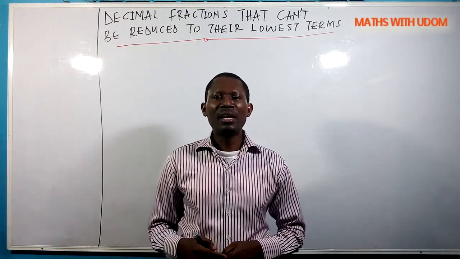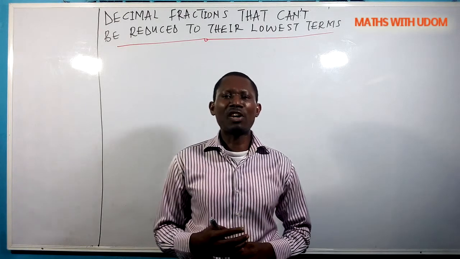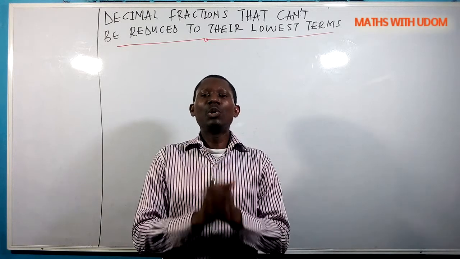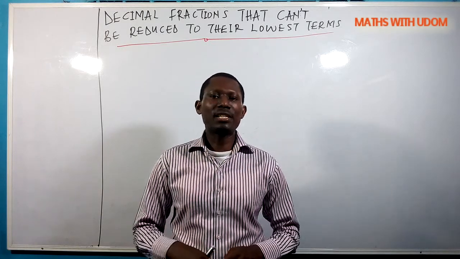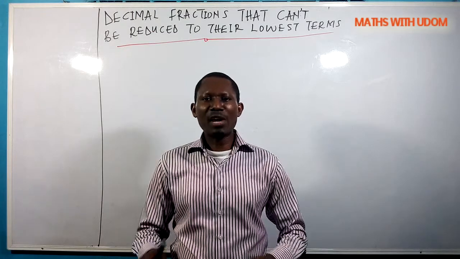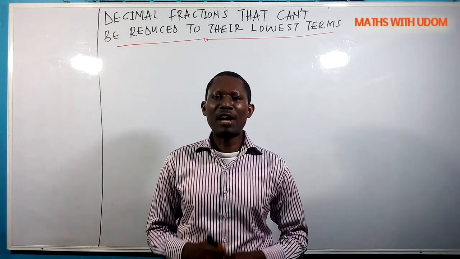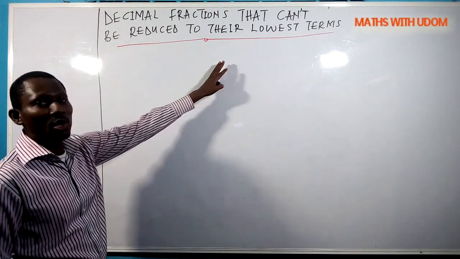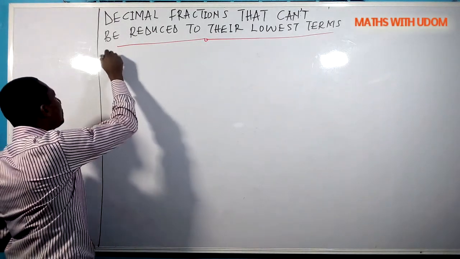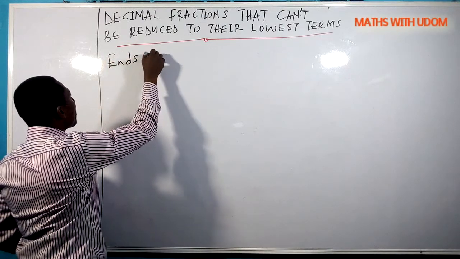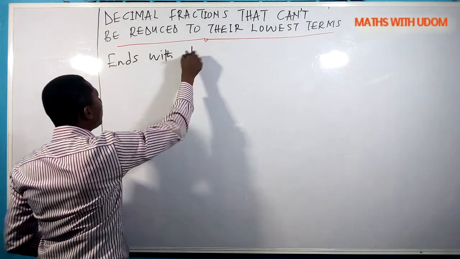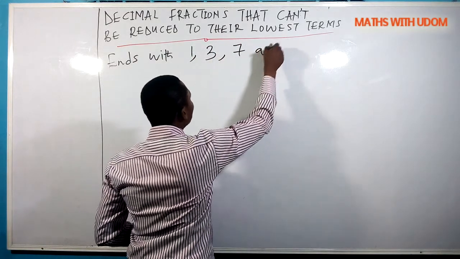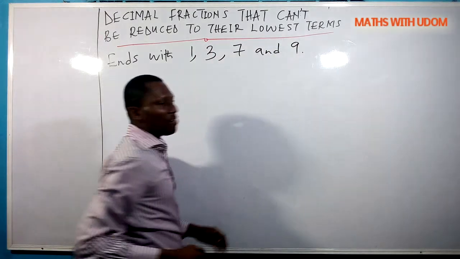They are fractions that have no common factor in them. That is, between the numerator and denominator, we have nothing common that can divide through them. 5 is not part of them.